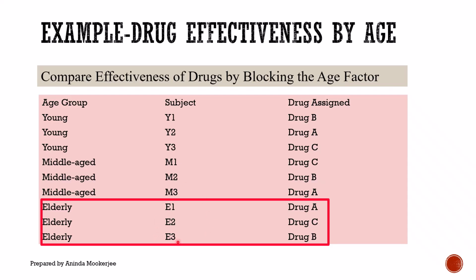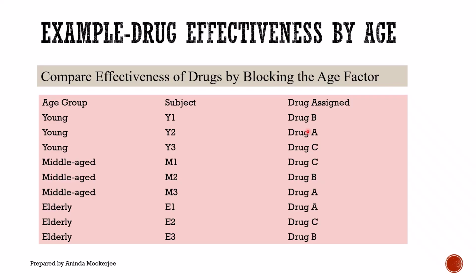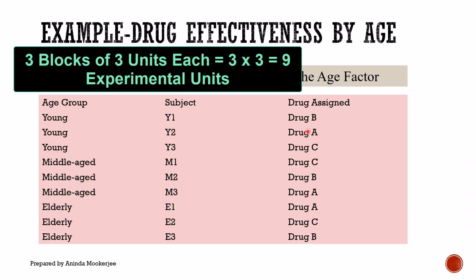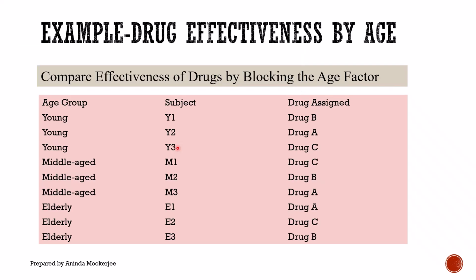And this is how the drug was assigned. So if we have three blocks and within each block we have three drugs that we are comparing, then we will have 3 times 3, 9 experimental units in all. If there are two blocks and within each block there are 4 experimental units that we are comparing, then we will have 2 times 4 experimental units.